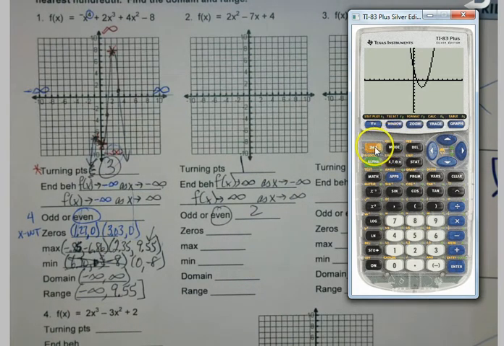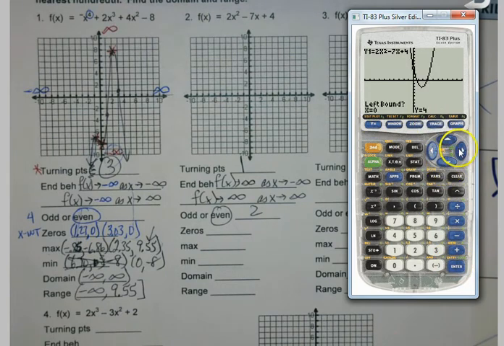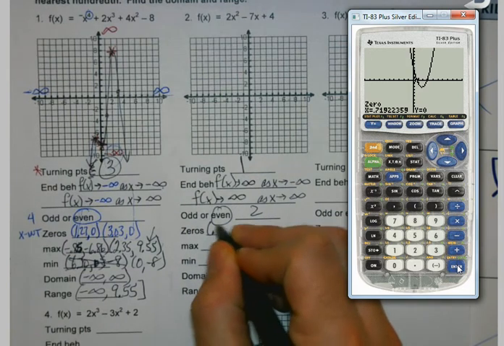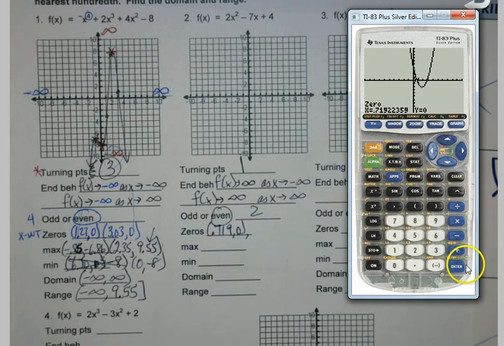Looks like we have 2 zeros. So let's find those next. Again, left of my point, right of my point. So 0.7190 is my first one here.